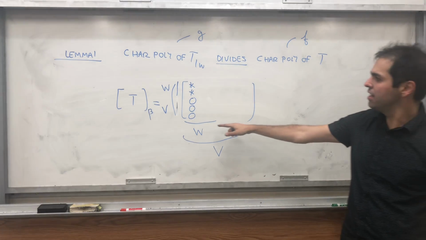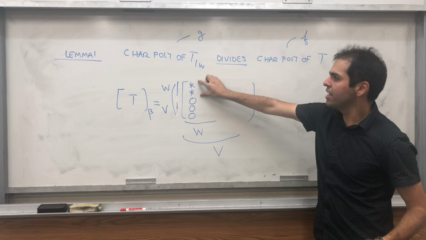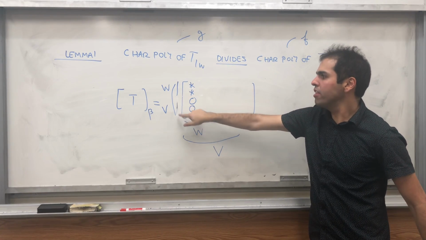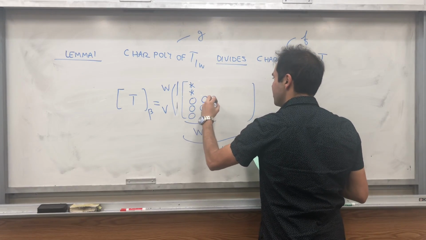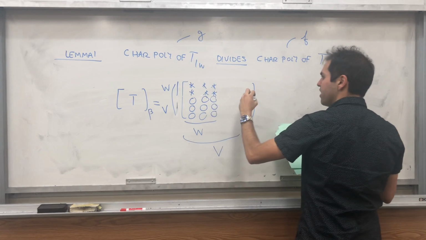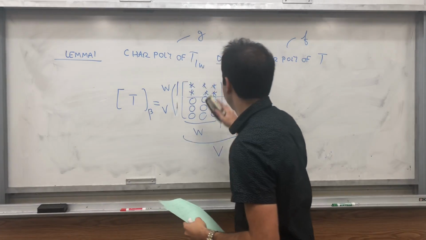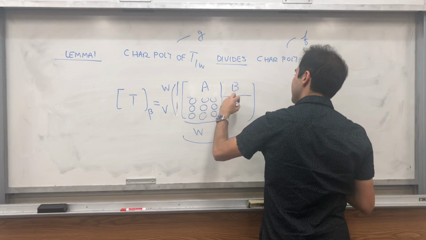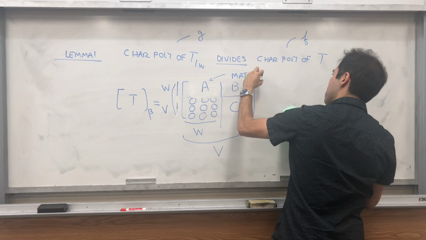Why is that? Because whenever you start with a vector in W and apply T to it, you get something in W. So you express it in terms of W, and all the other coordinates become 0. Continuing, you get a matrix with a block of zeros, and the rest are also some matrices. Let's call those A, B, and C. And the cool thing is this matrix A is just the matrix of the restriction.